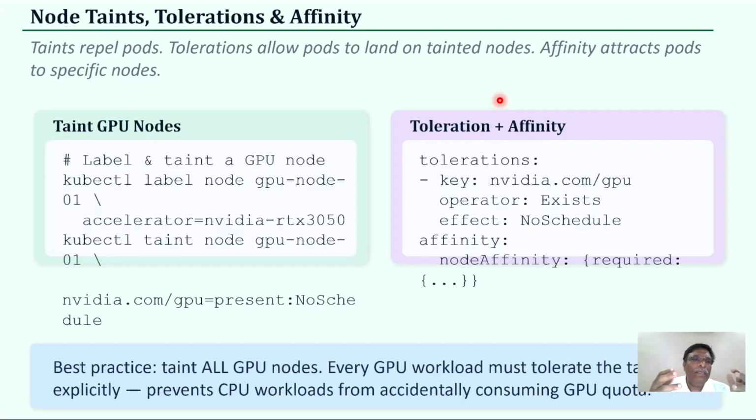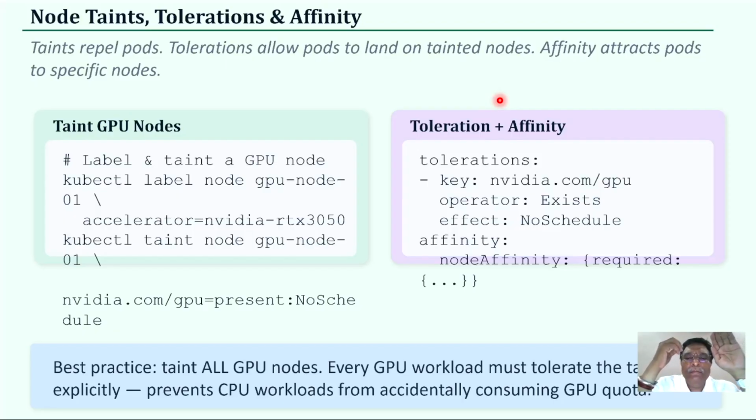That basically means if we taint the GPU node, okay, that basically means that every GPU workload must tolerate the taint explicitly. That means prevent the CPU workloads from accidentally consuming GPU quota.